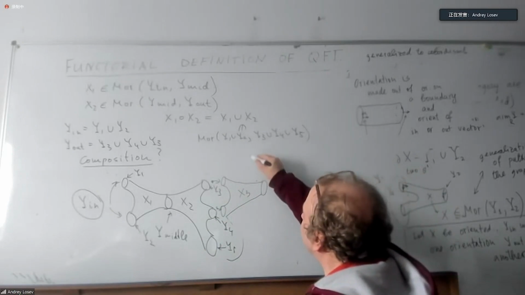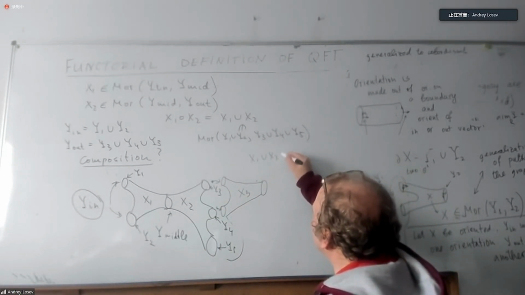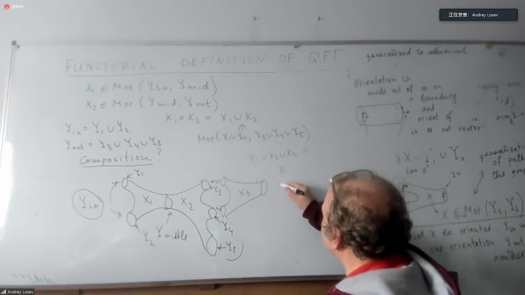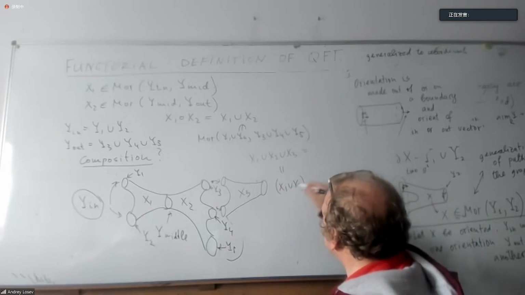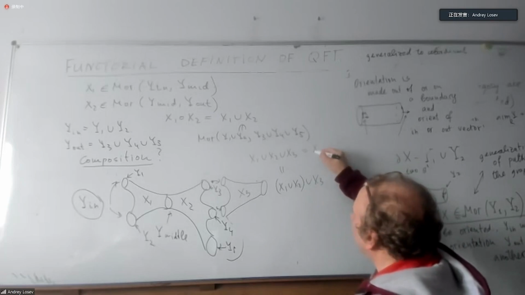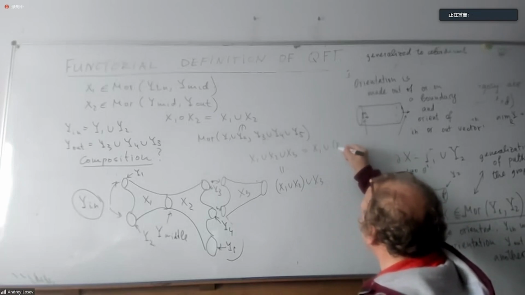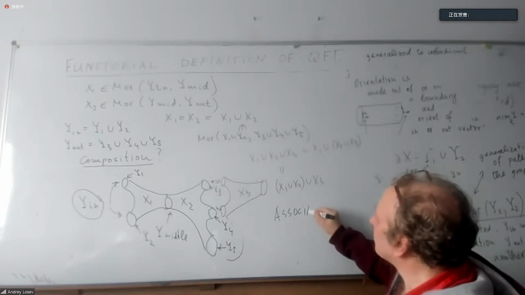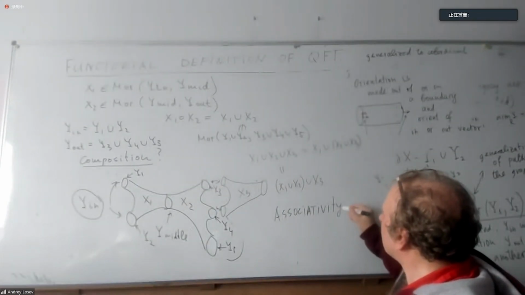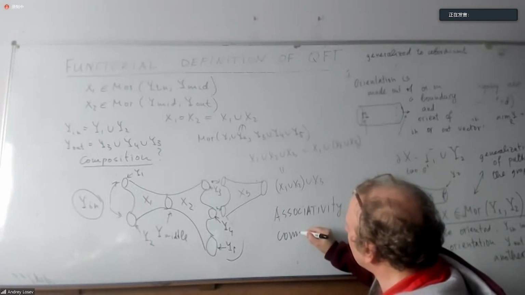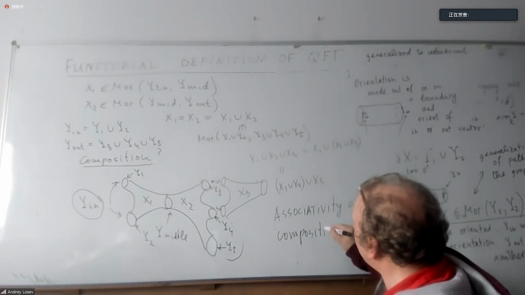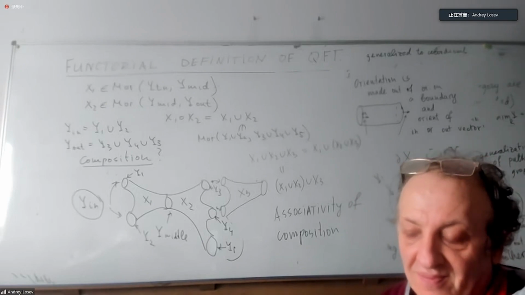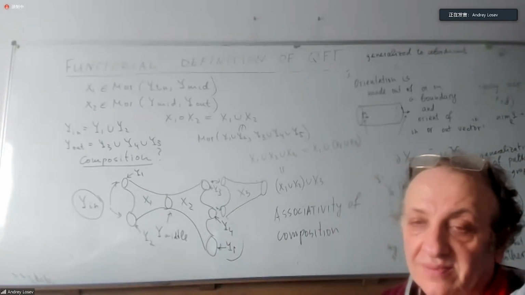Then on this picture, I see X1 joined X2 joined X3. That could be written either as (X1 join X2) join X3, or X1 join (X2 join X3). So it is associativity of composition. That's why cobordisms form a category.